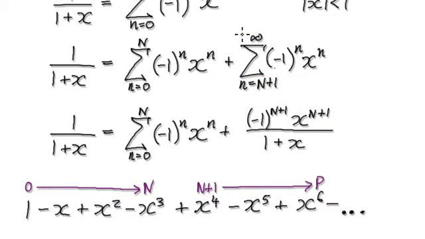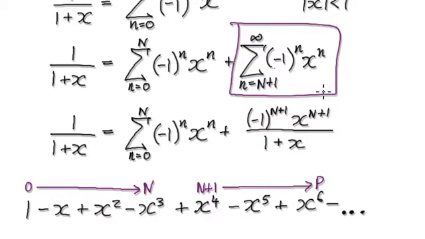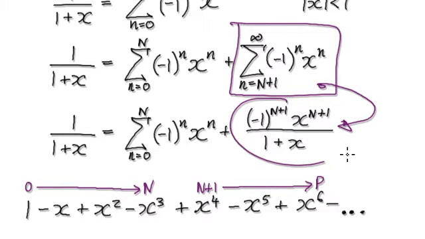Okay, so our next step is to try and understand why we can jump from here to here. And the way we do that is to consider doing it from n plus 1 to p. Okay, so I will continue in the next video.